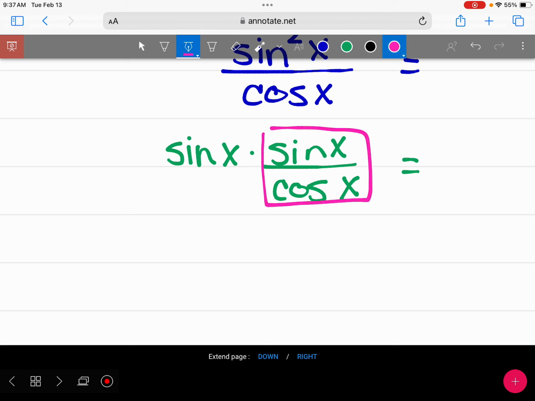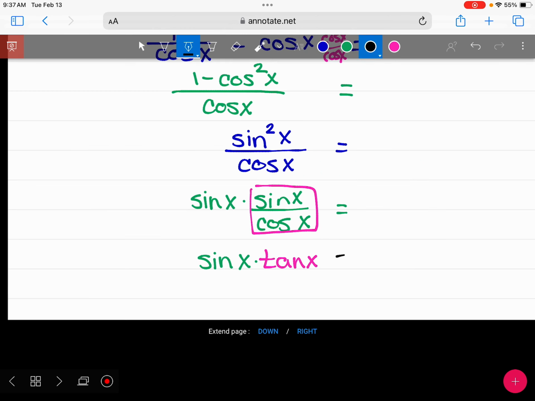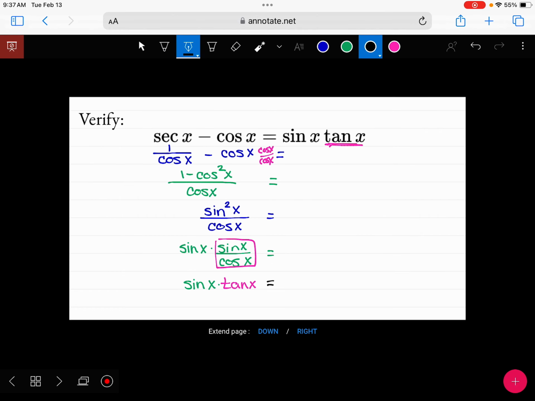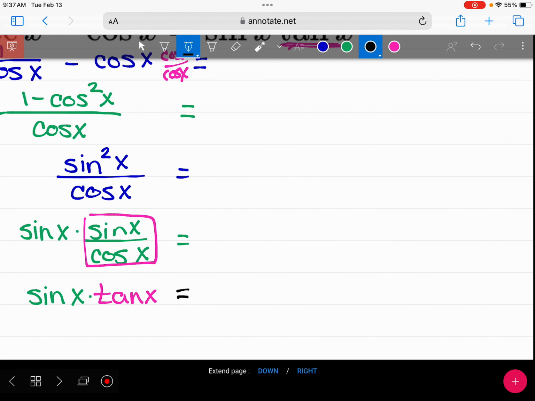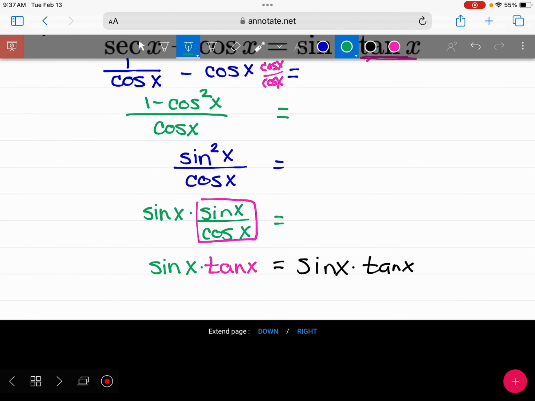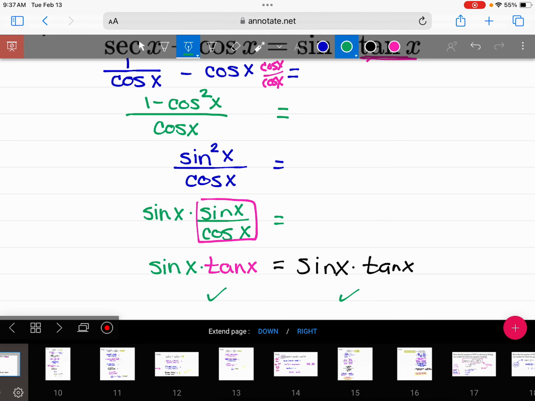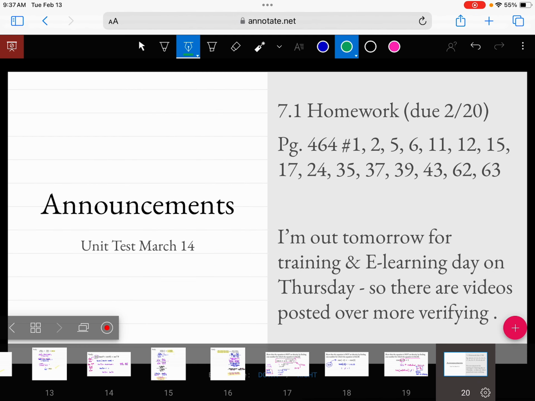Sine of x over cosine x, also known as tangent. And that is exactly what we wanted it to be up on the top: sine of x times tangent of x. Okay? So our verifying is coming back into our lives. It's going to be here for a while.